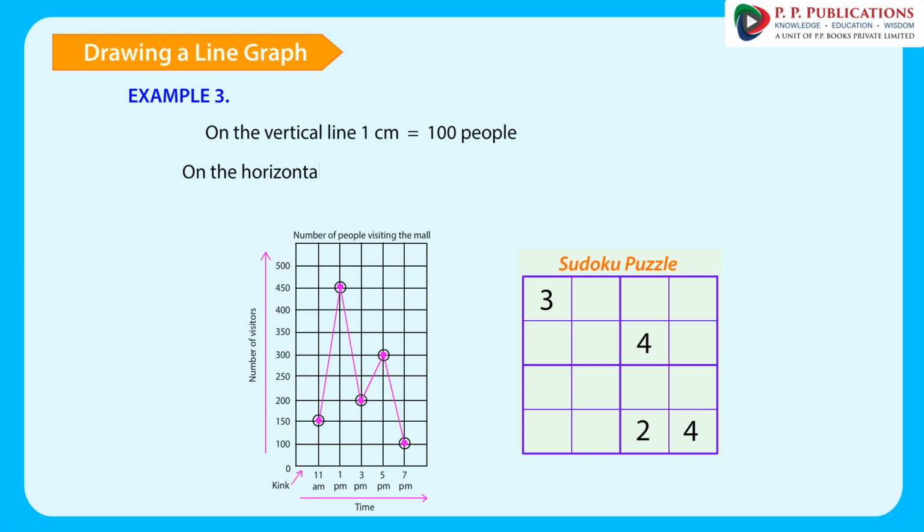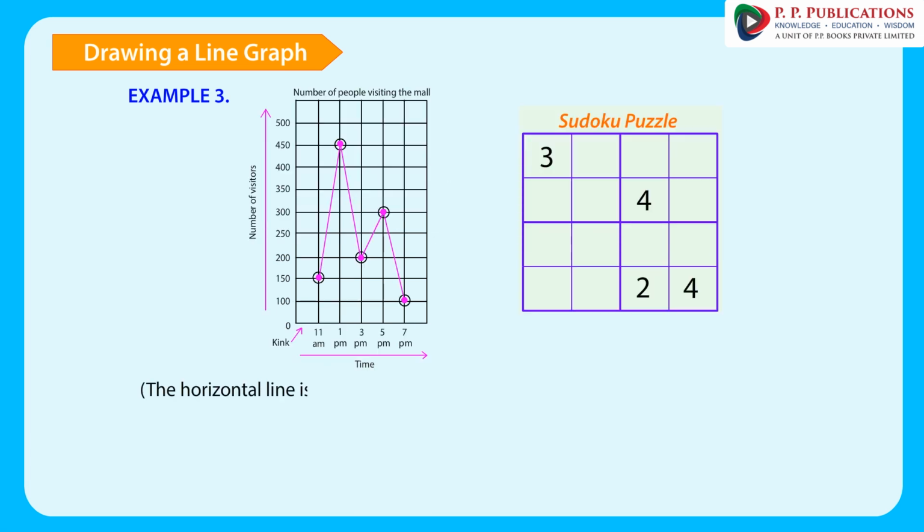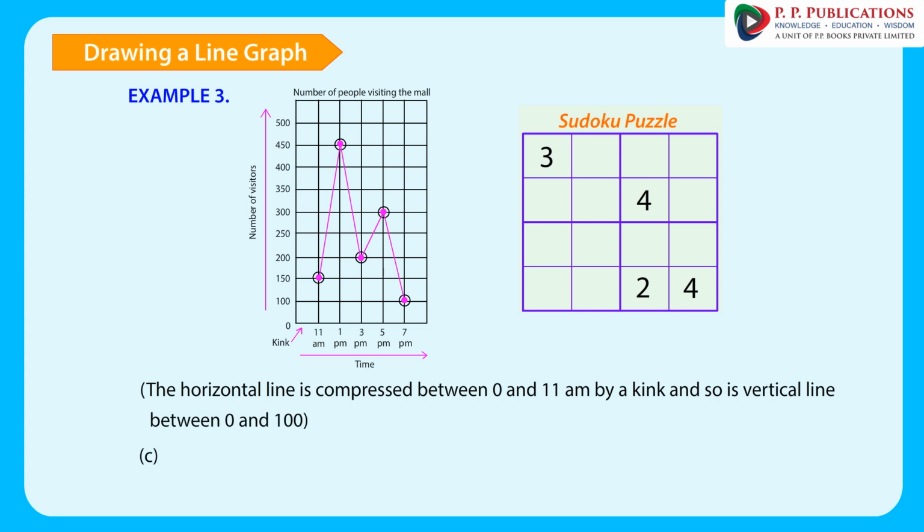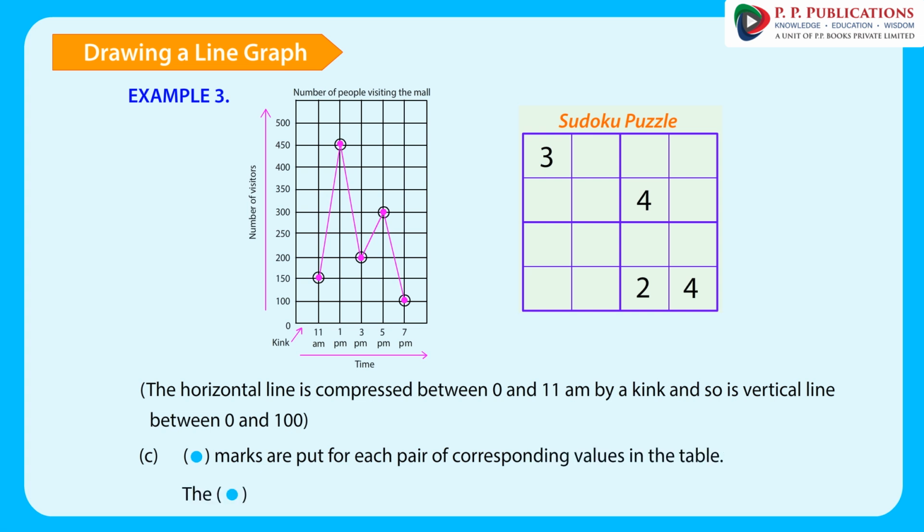On the horizontal line, 1 cm equals 1 hour. This horizontal line is compressed between 0 and 11 am by a kink, and so is the vertical line between 0 and 100. C. Dot marks are put for each pair of corresponding values in the table. The marks are joined to get the line graph. Label the line and write the title.